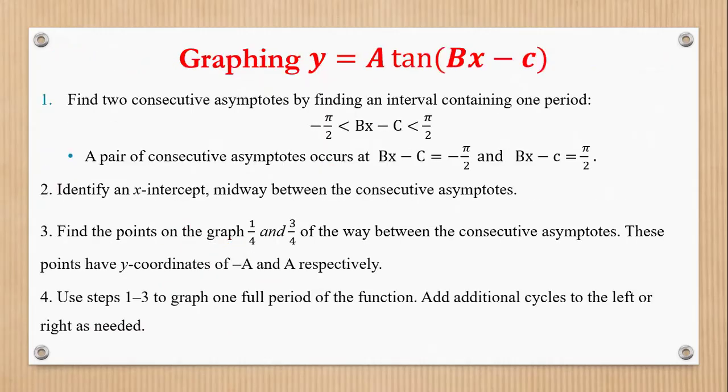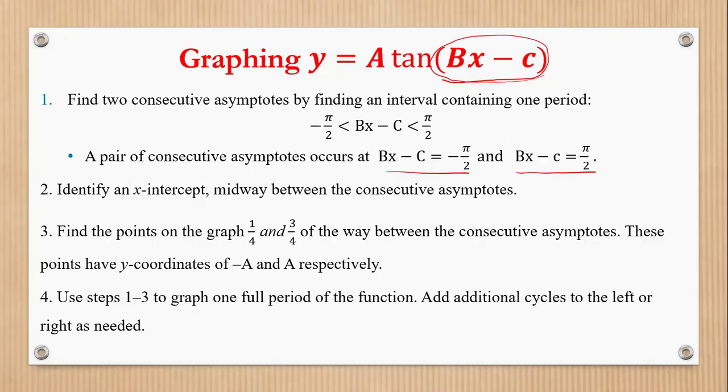Now the question is how we can find asymptotes. So to find the asymptotes, we always set whatever we have inside of the parenthesis in front of the tangent equal to -pi/2 and +pi/2.